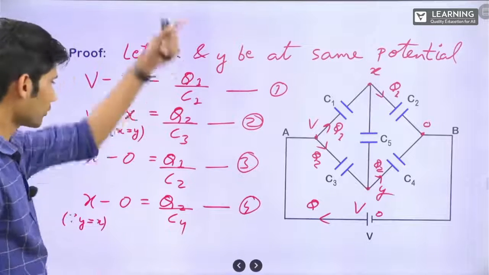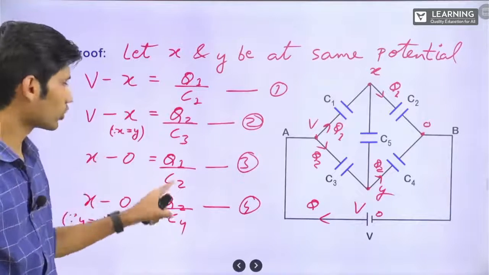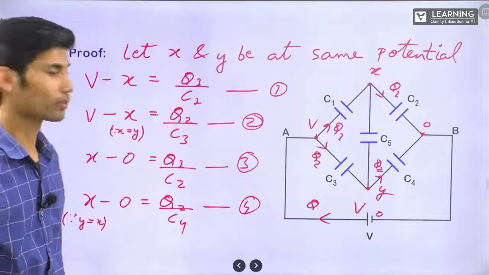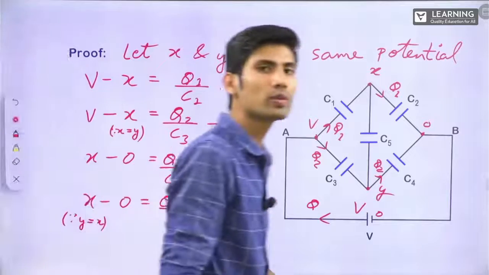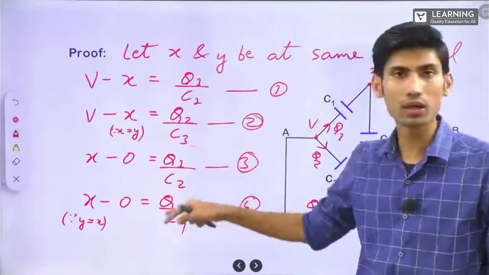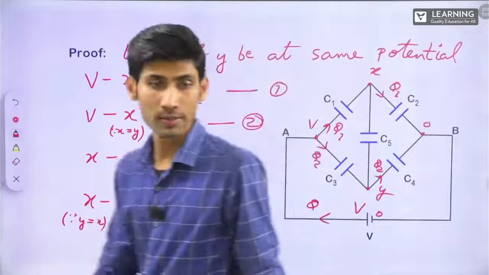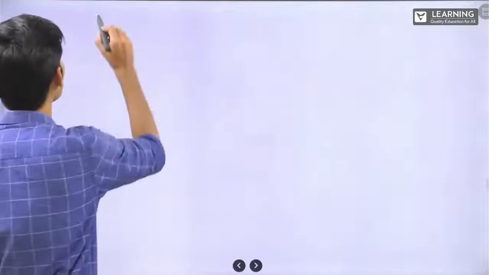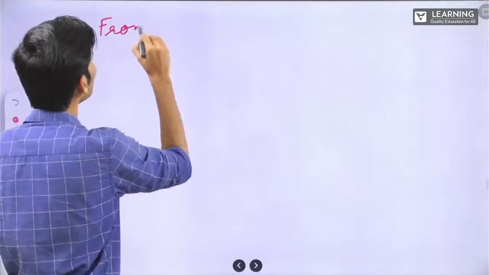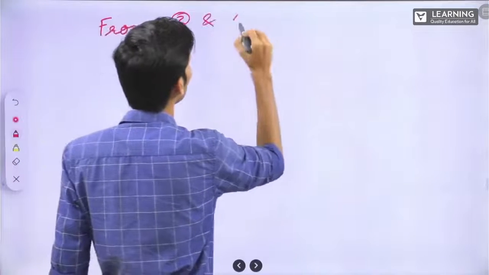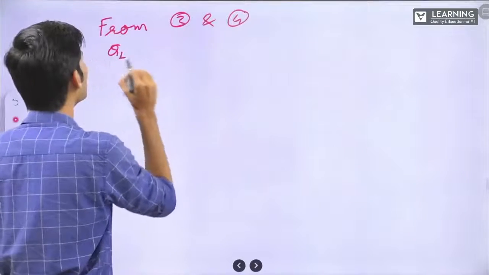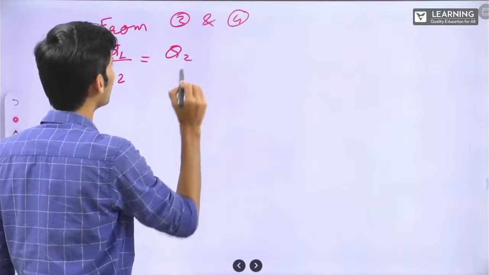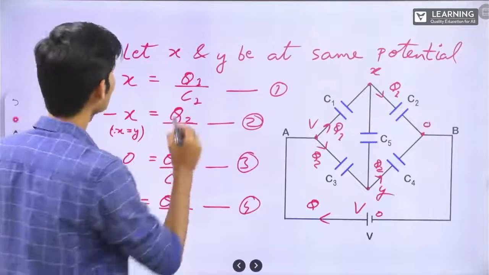Alright, so we have got these 4 equations. We have got the value of X as Q1 by C2, and the value of X is Q2 by C4 also. That means Q1 by C2 is equal to Q2 by C4. Both are the value of X. So from 3 and 4, I can write Q1 by C2 is equal to Q2 by C4.